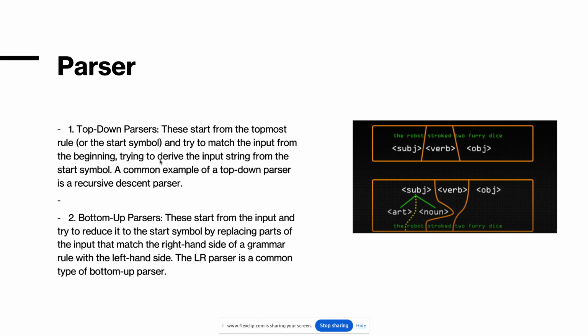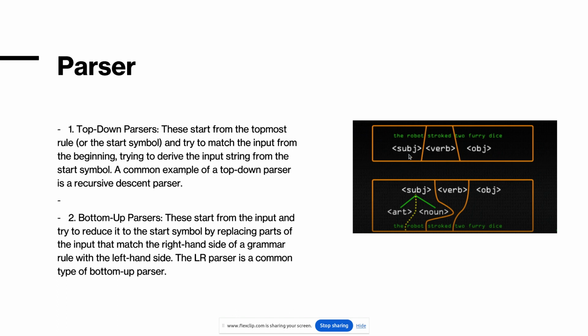You can just pause the video and read it. The top-down parser goes from the top rather than from a single unit, for example, the robot struck the furry dice. So the root is here and it goes down.